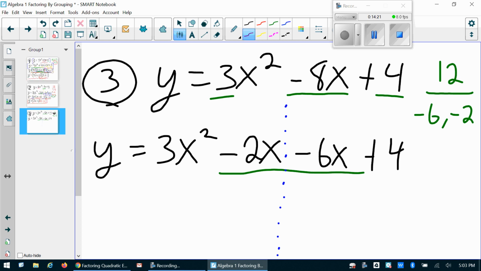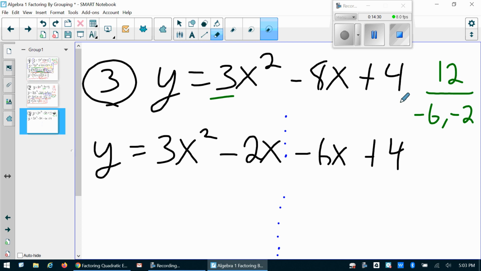Now, when you're looking at these two pieces, and you're looking for a greatest common factor, 3 and 2 do not have any common factors, but the only thing that these two pieces do have in common is they both have an x.